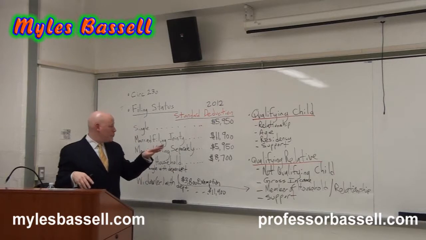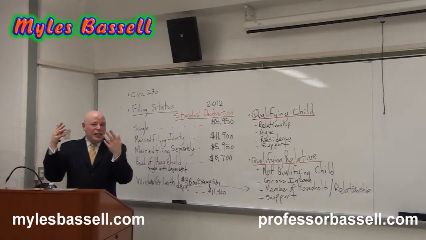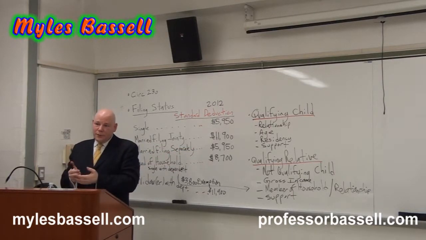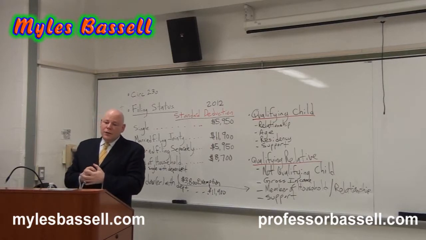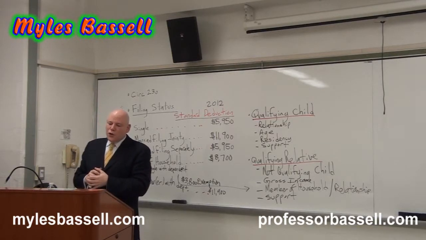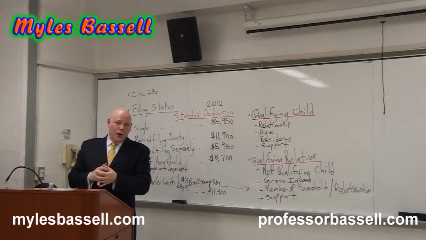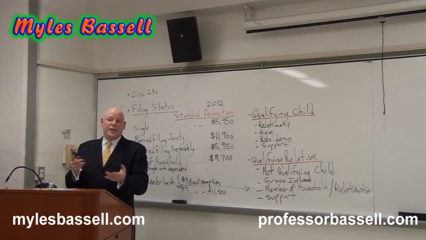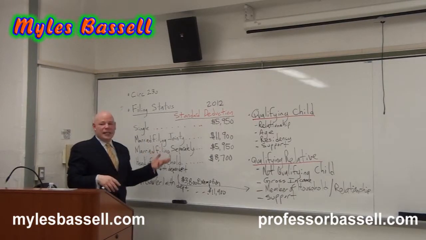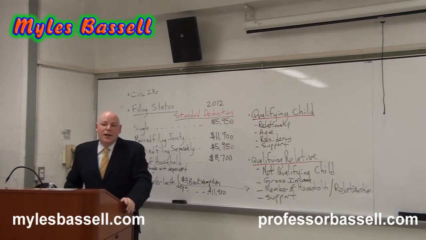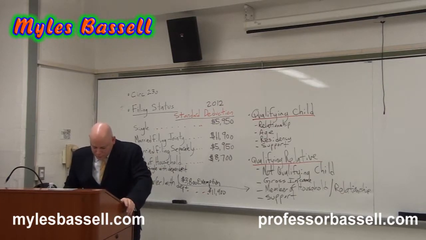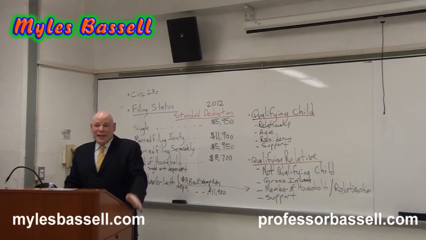So even though you're getting the same standard deduction, the tax rate is going to be higher. And the credits that are available to us are limited. So for example, if you're married filing separately, you can't take the education credit. The American Opportunity Credit and Lifetime Learning Credit, you're not going to be able to take that.